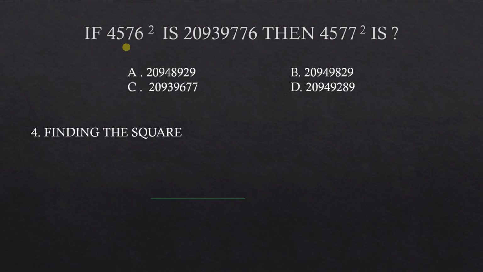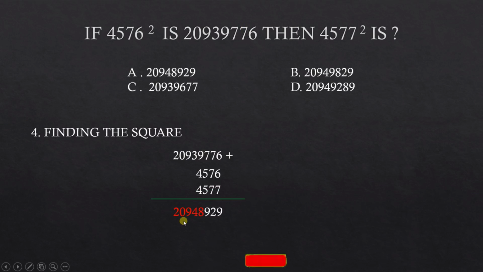What we are going to do is just add 4576 and 4577 to this number. Here you can see we are getting the answer 2948929. So this is the answer. Option A is the correct answer.